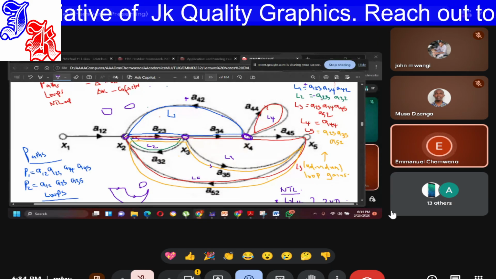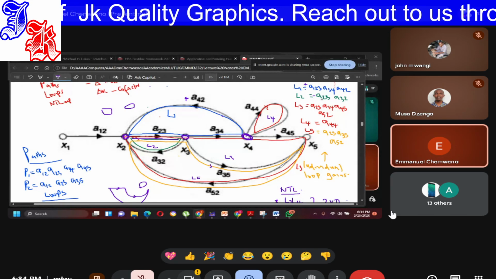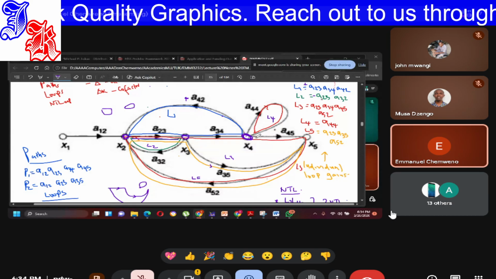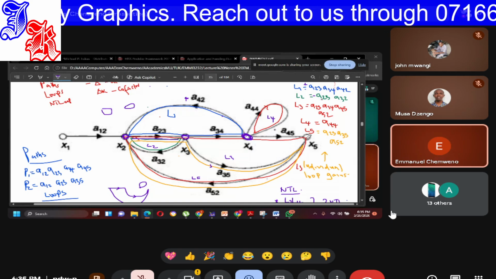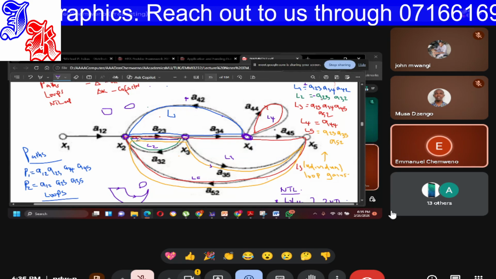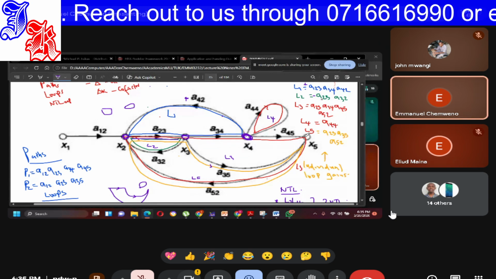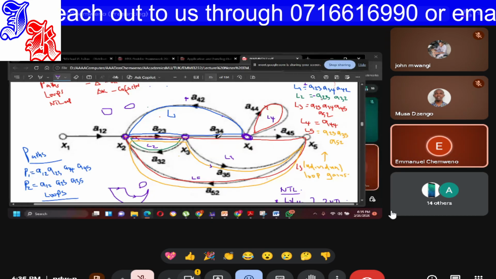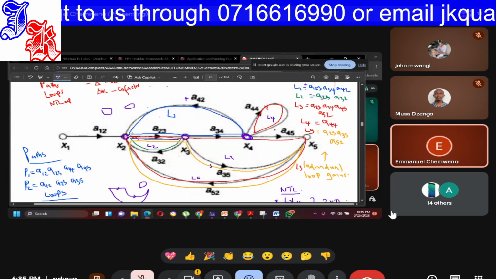So loop 3 in the red, they share this node, this node, this node, and the output node with path 1. Loop 4 shares this node with path 1. And loop 5 shares the first node, the second node, and the last node with path 1. So all loops, loop 1, loop 2, loop 3, loop 4, and loop 5 touch path 1.